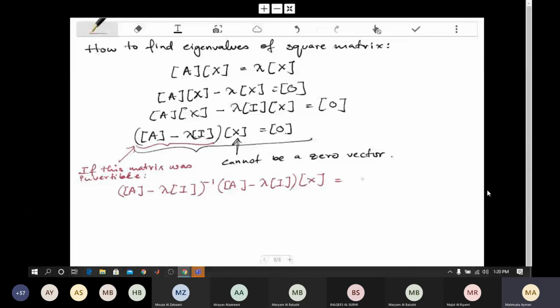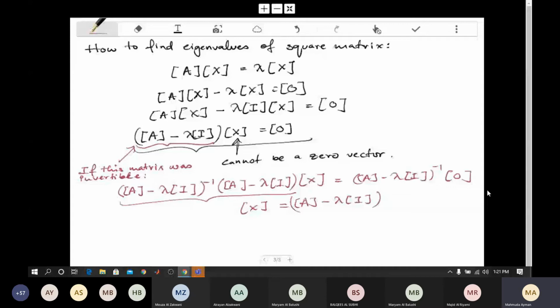So we'll have here A minus lambda times the identity matrix inverse times 0 vector. So this one here is equal to 1. So we will have here then x is equal to A minus the lambda times the identity matrix inverse times the 0 vector.